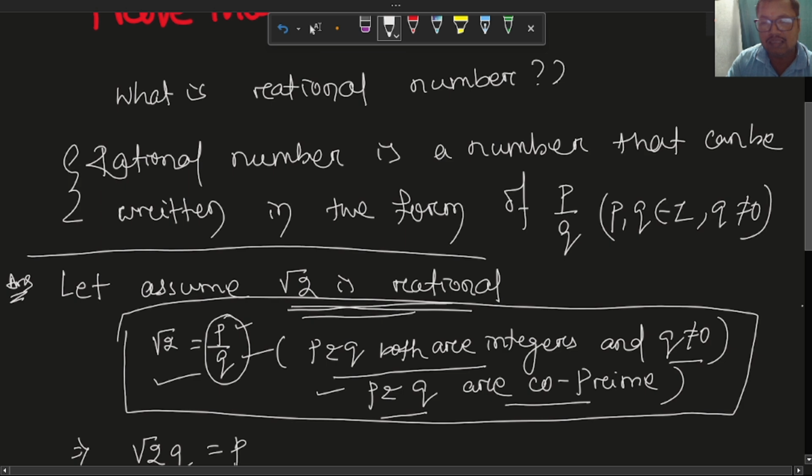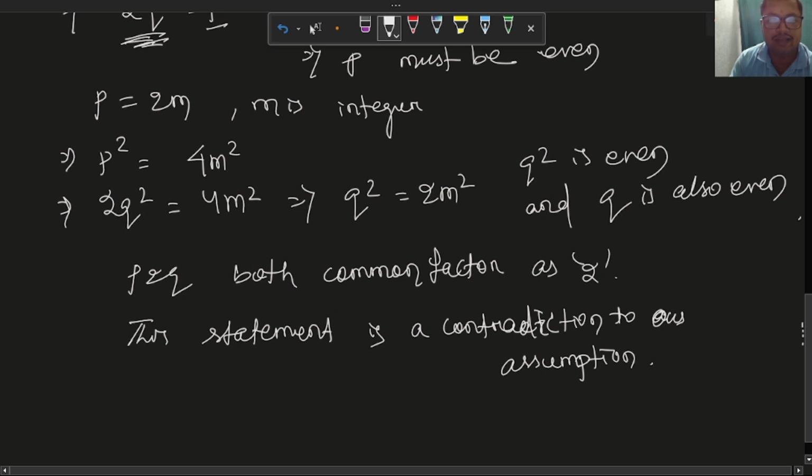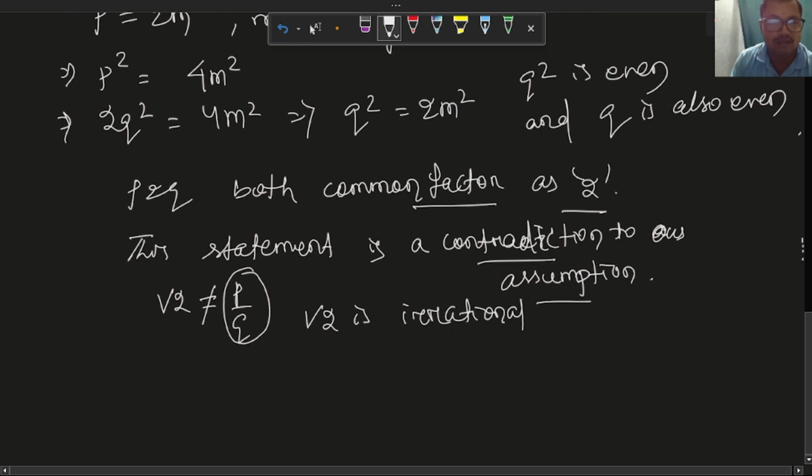But as I solved, I get that p and q both have a common factor 2. So this statement contradicts our assumption. So if root 2 is taken as p by q, then the form p by q does not exist. So root 2 cannot be p by q. So root 2 is irrational. This is the proof.